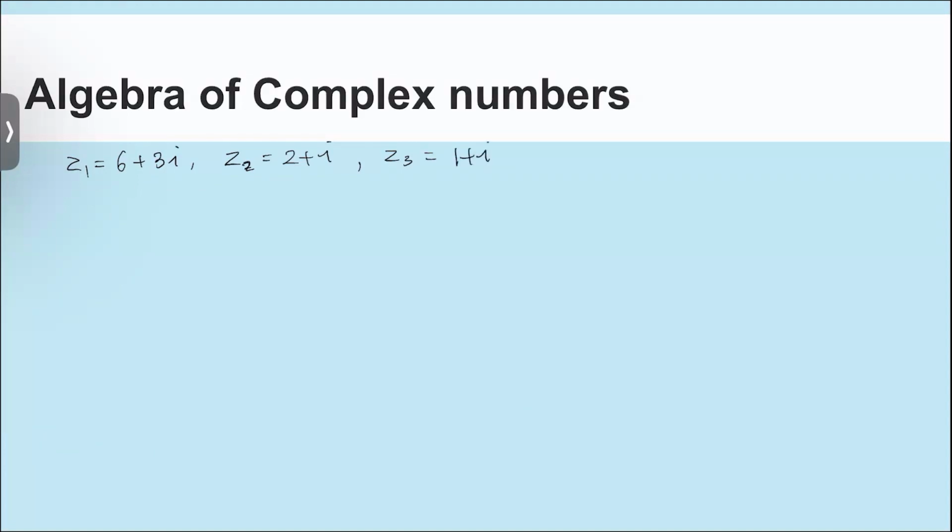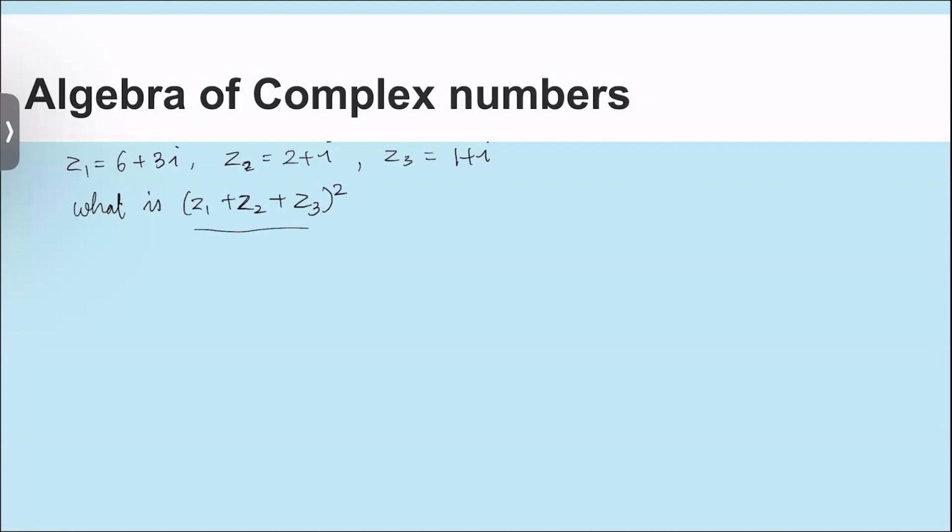Okay, so let's take these as the examples, and we will try to see what is (z1 plus z2 plus z3) squared. Okay, so let's solve for this.